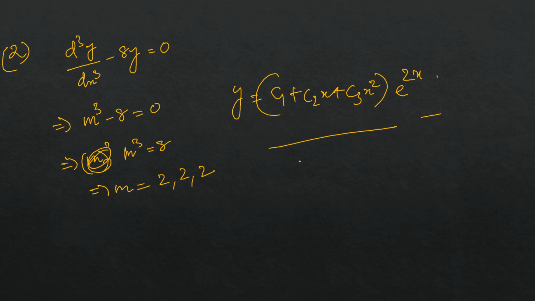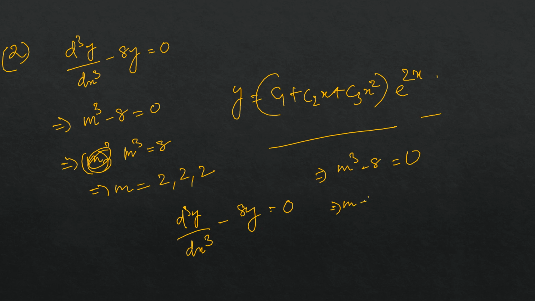Otherwise, there is another way to solve this question. d cube y by dx cube. Some books you can find this one also. m cube minus 8 is equal to 0.